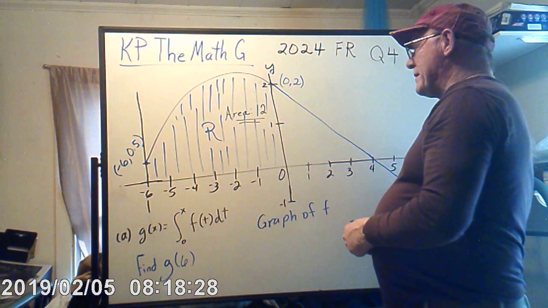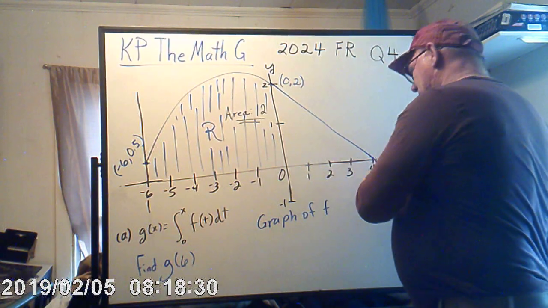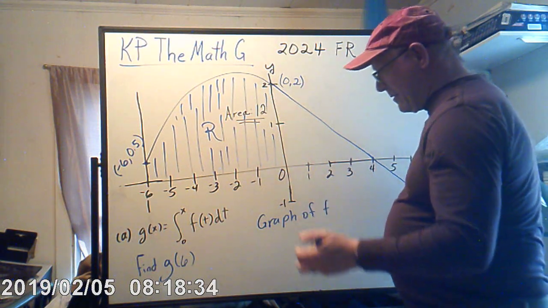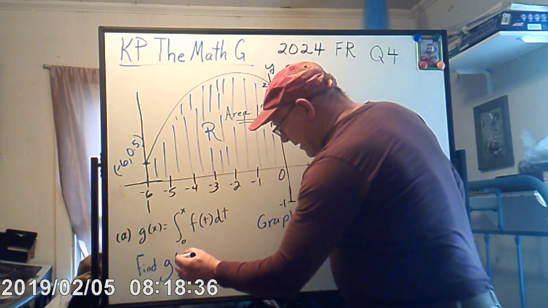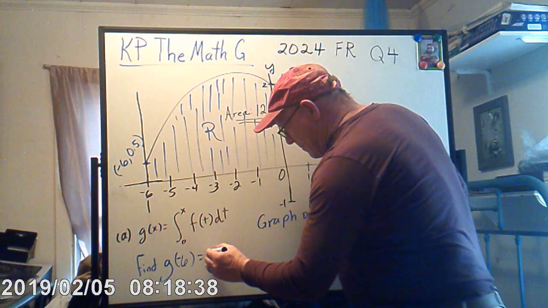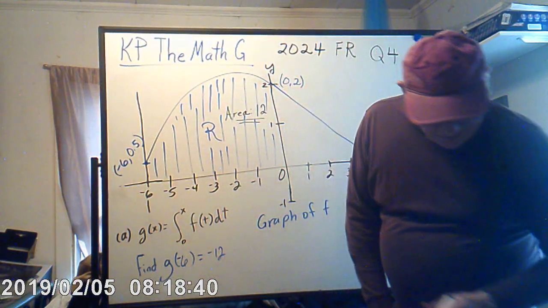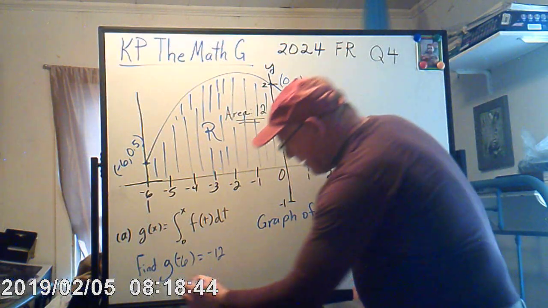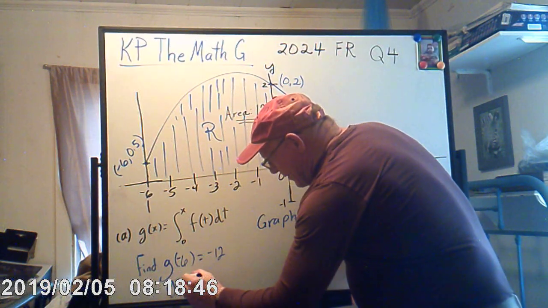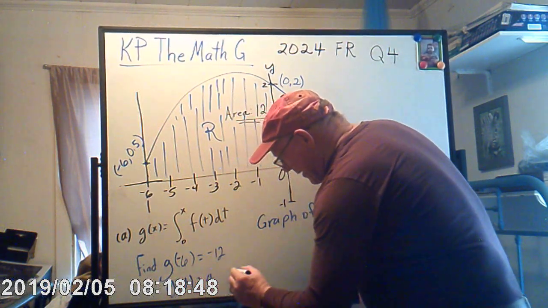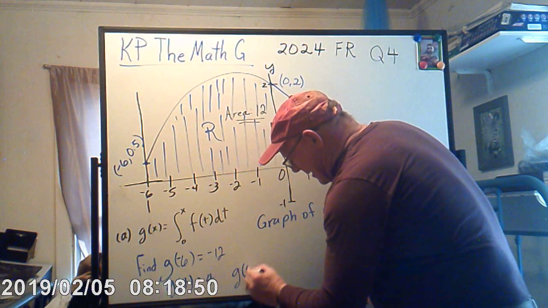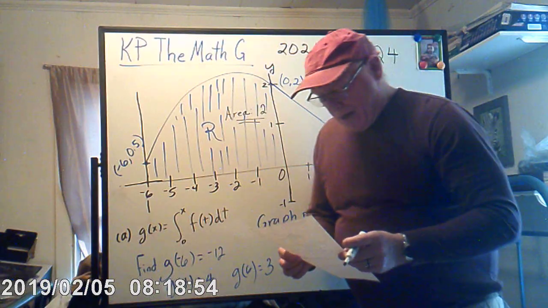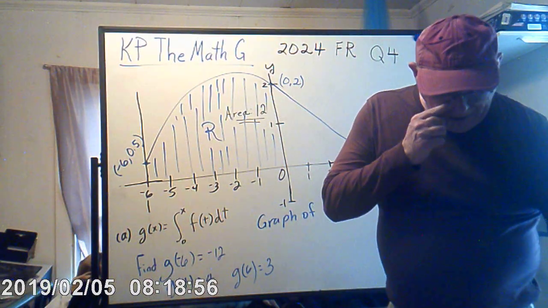Alright, so 4 plus -1 is 3. So G at -6 turned out to be -12, I believe it was. G at 4 turned out to be 4, and G at 6 turned out to be 3. Okay, those are the answers to those.